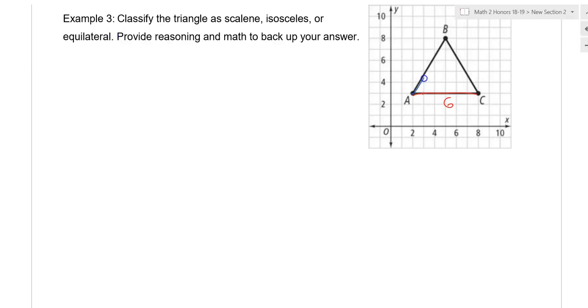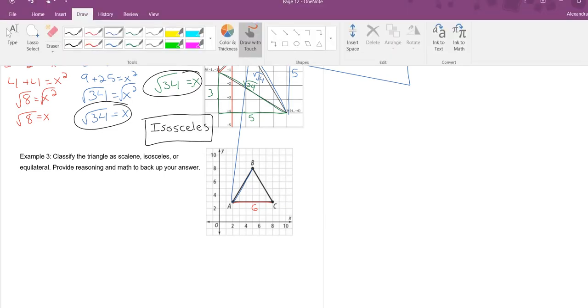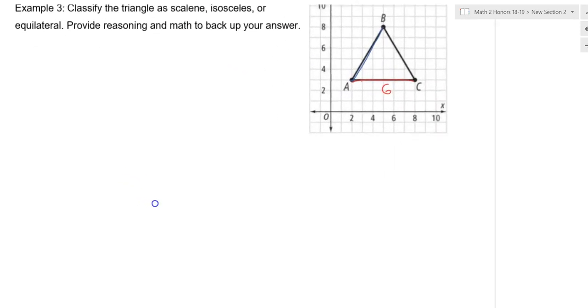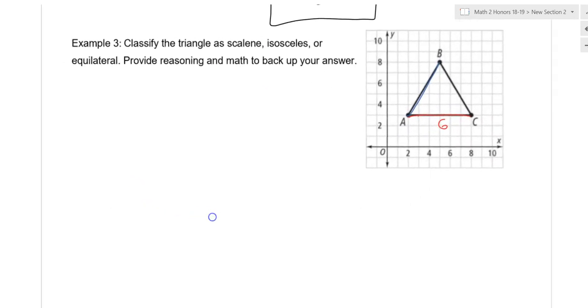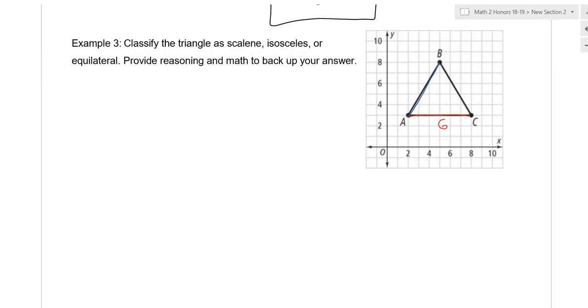My next side, going from here to here, we're going up 1, 2, 3, 4, 5, and over 3.